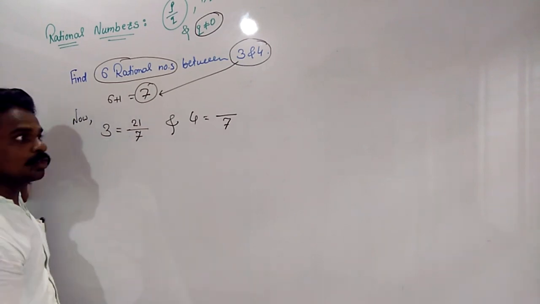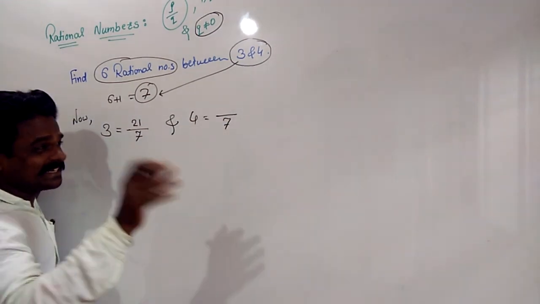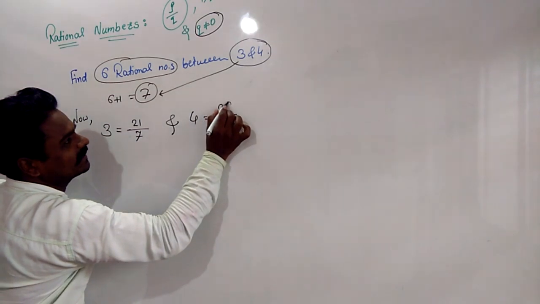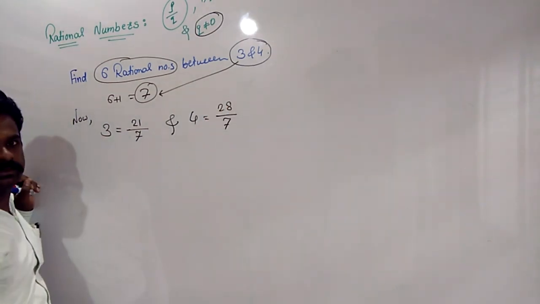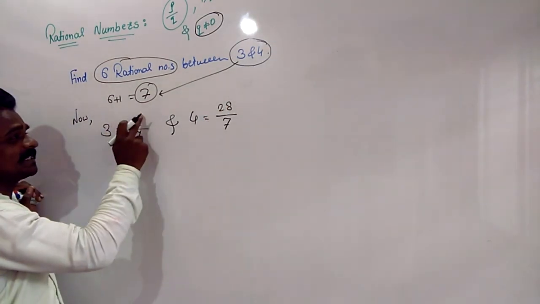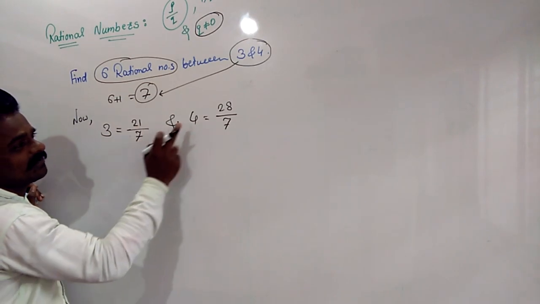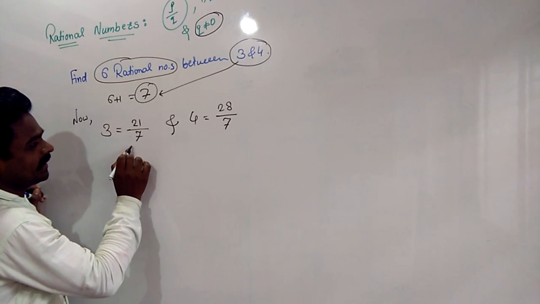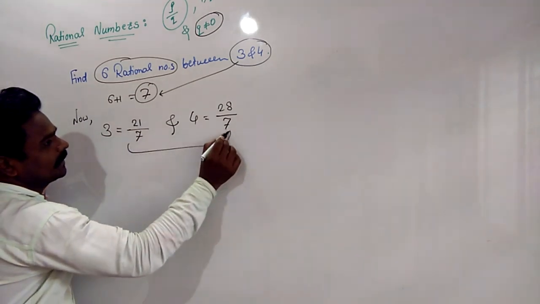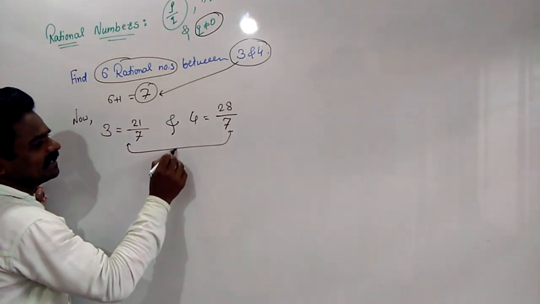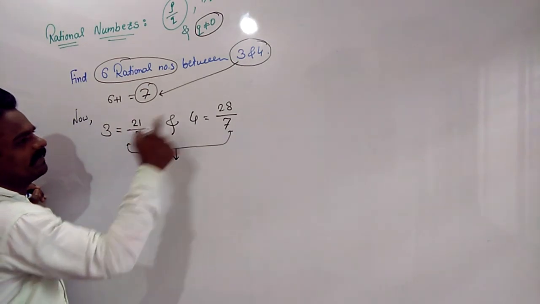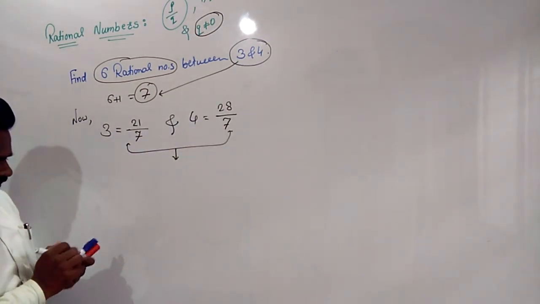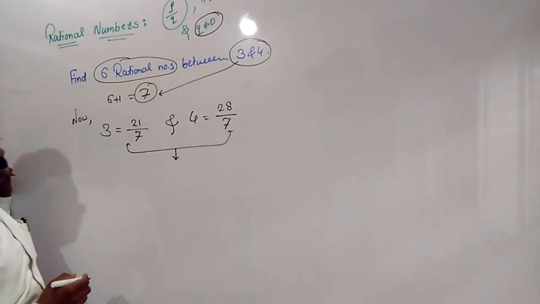So what will be its numerator? You can easily tell me. 7 4s are 28. Finish. So 3 can be expressed as 21 by 7 and 4 can be expressed as 28 by 7. So we are going to take rational numbers between 21 by 7 and 28 by 7.